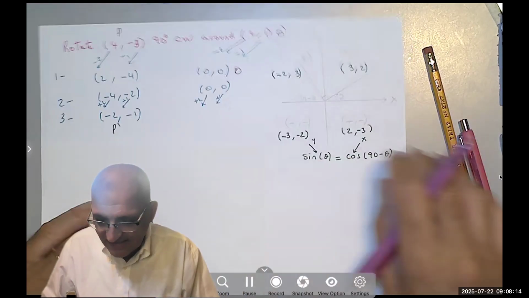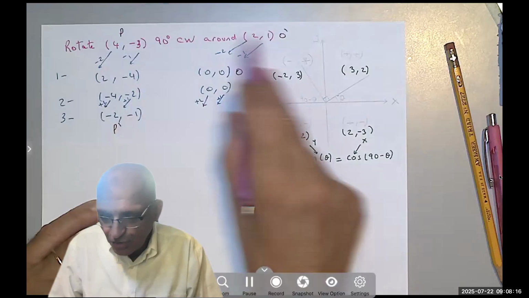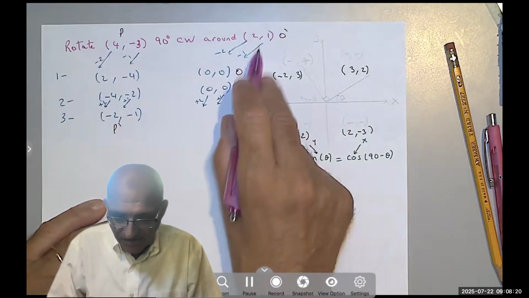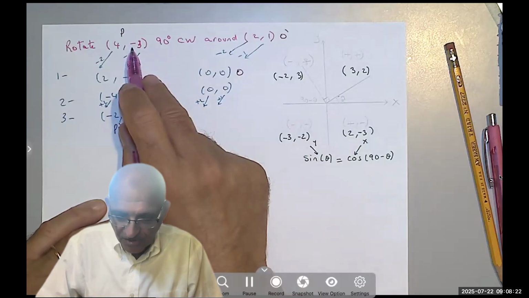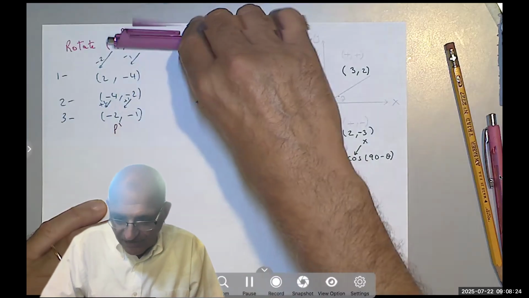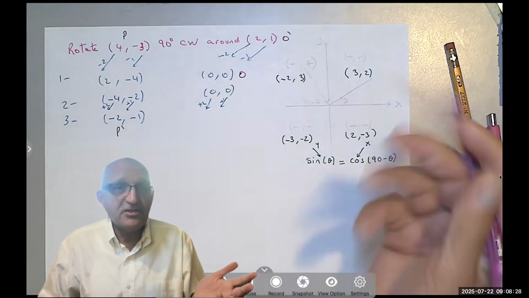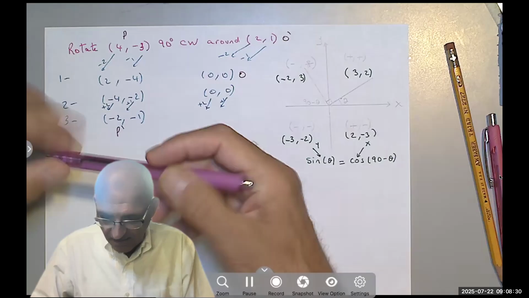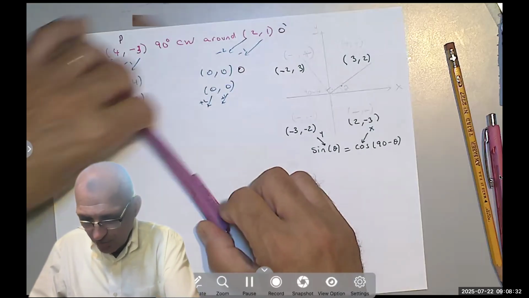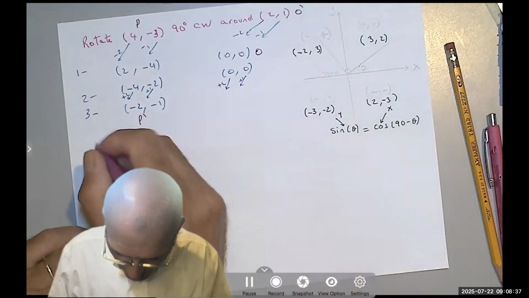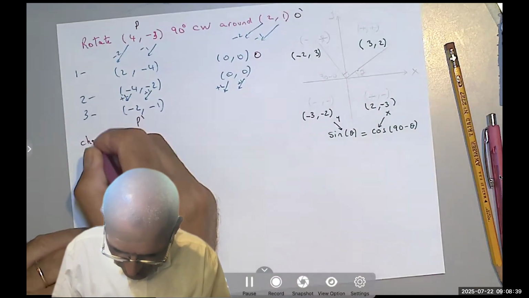I have to say that the distance from P to O prime, notice that was the original point, and that was the point I wanted to rotate. So after rotating it, the distance O prime P prime should be the same. It didn't change. I took a line and rotated clockwise. So why would the line change? So check number one.